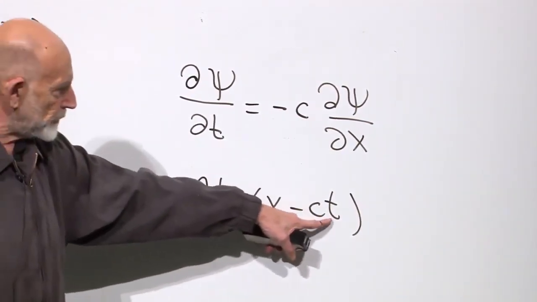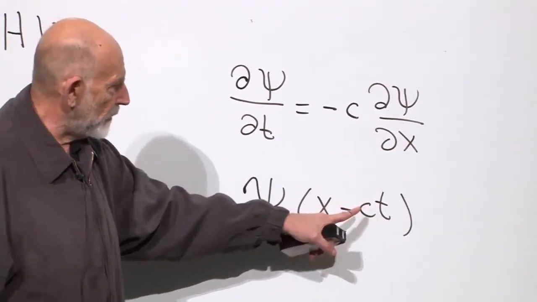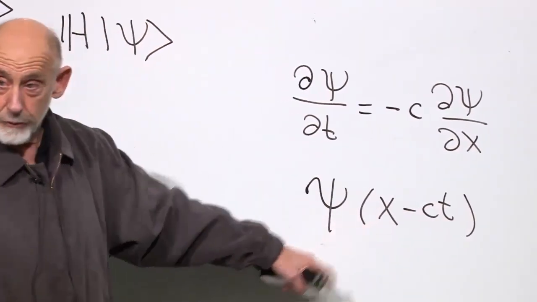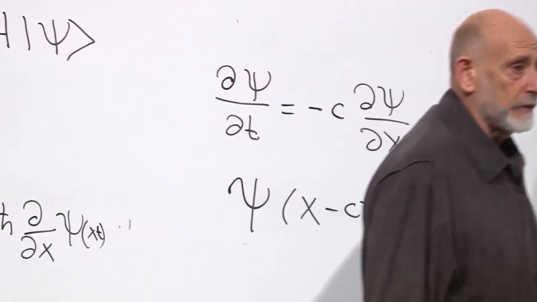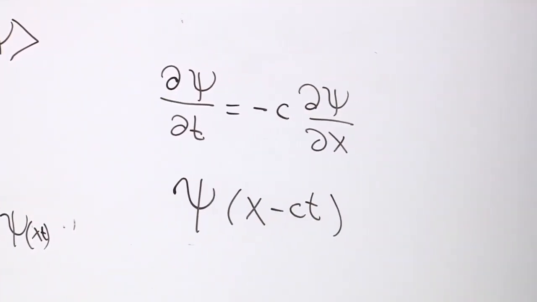If I differentiate with respect to t, that will be minus c times the derivative with respect to x, and that's all this equation says. Any function of this form will solve the Schrodinger equation.